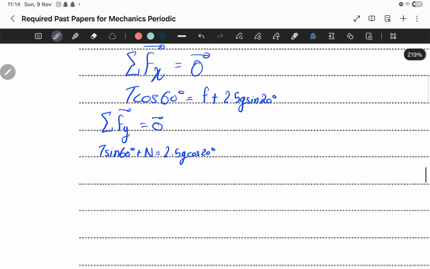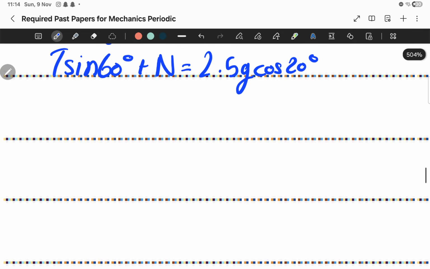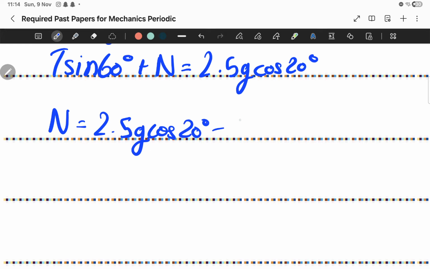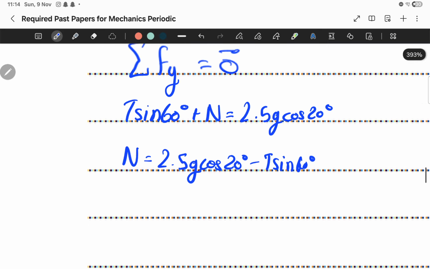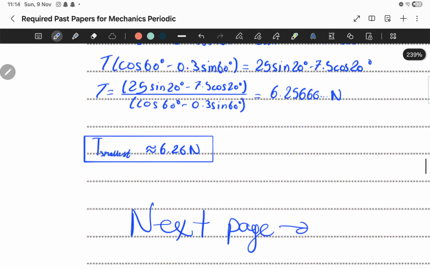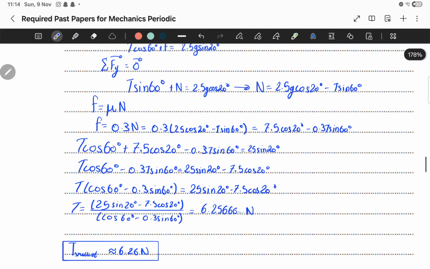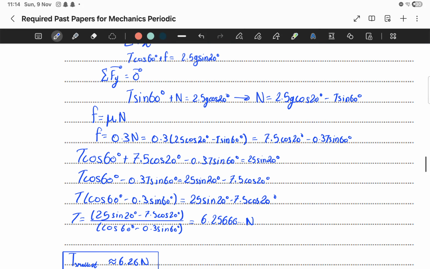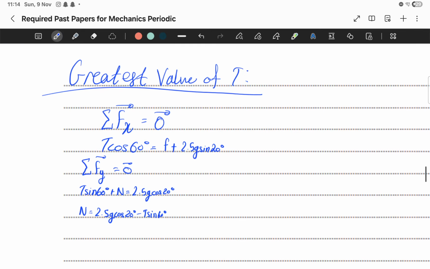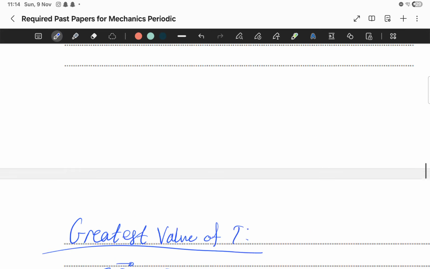Okay, now N is going to equal 2.5 g cosine 20 degrees minus T sine 60 degrees, which is the exact same calculation. So let me just check. Yeah, N is 2.5 g cosine 20 minus T sine 60. That's the exact same.